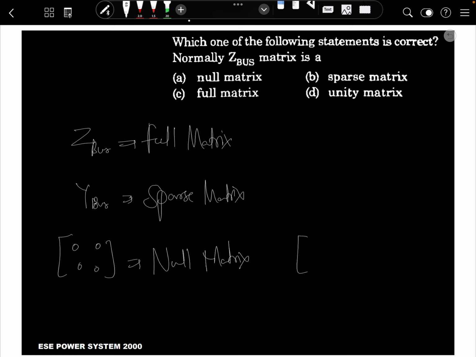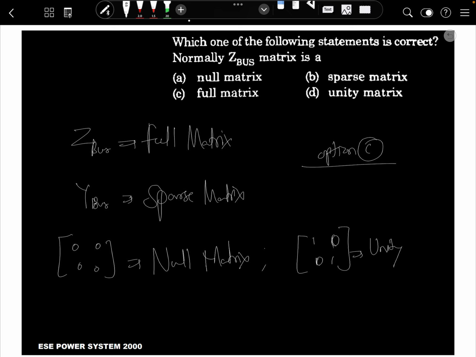Unity matrix means 1 1 1 1 on the diagonal, that's called unity, or even not like this, even this is also unity. This is the correct unity matrix, identity matrix. So here the answer is option C. Option C is correct. Z bus is a full matrix.